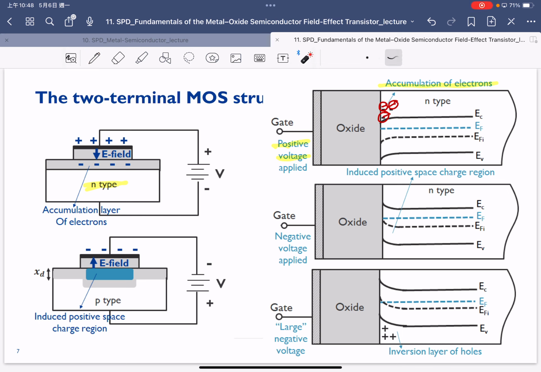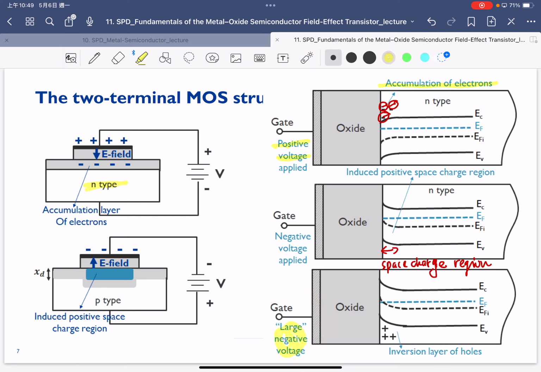Now we move to a slightly negative voltage here. Then we start to have the space charge region. And the last one is we apply a large negative voltage.